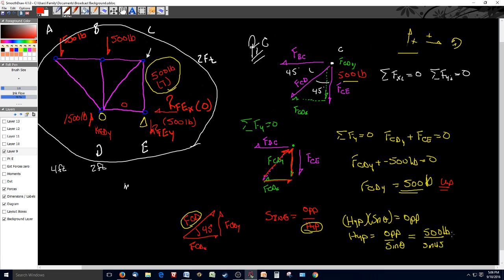There we go. And I'm not going to worry about the 0.11. Now that's 707 pounds right here, 707.